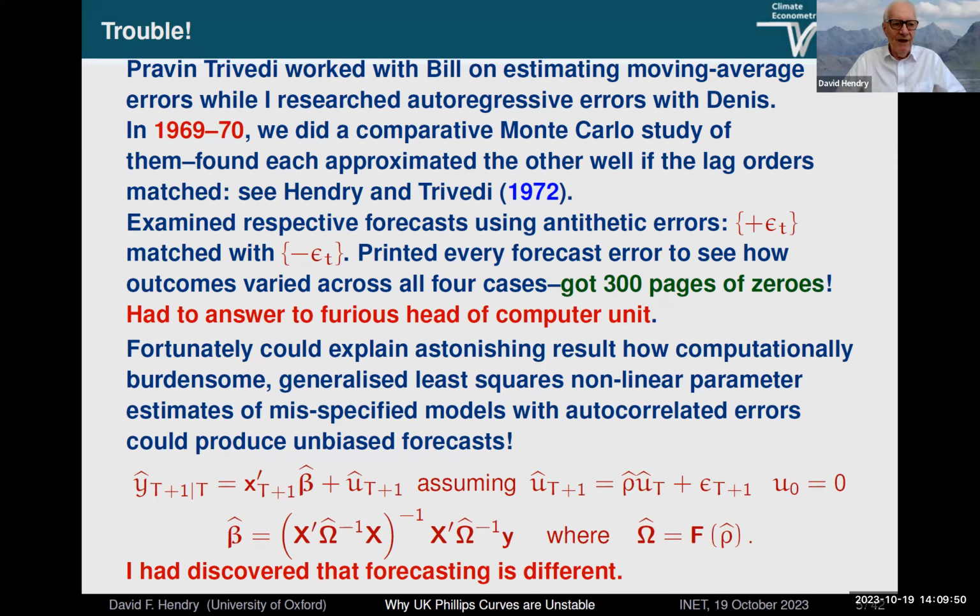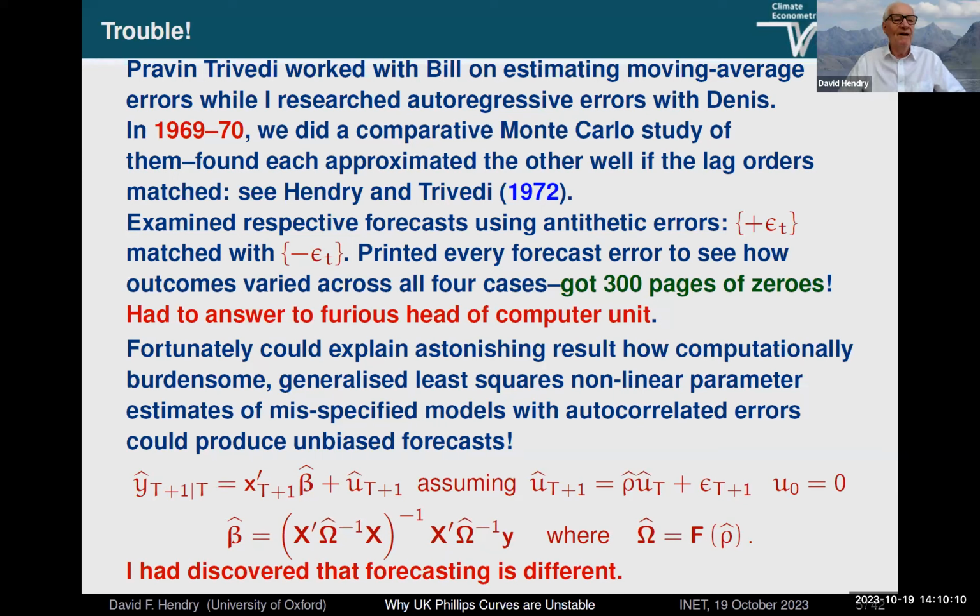Now, clearly, we did not expect that, but fortunately, we were able to explain that astonishing result: how computationally burdensome, generalized least squares, nonlinear parameter estimates of misspecified models with autocorrelated errors could possibly produce unbiased forecasts in all states of nature.